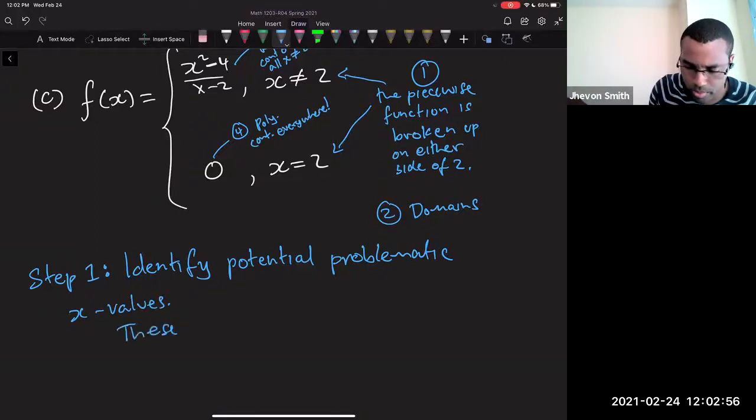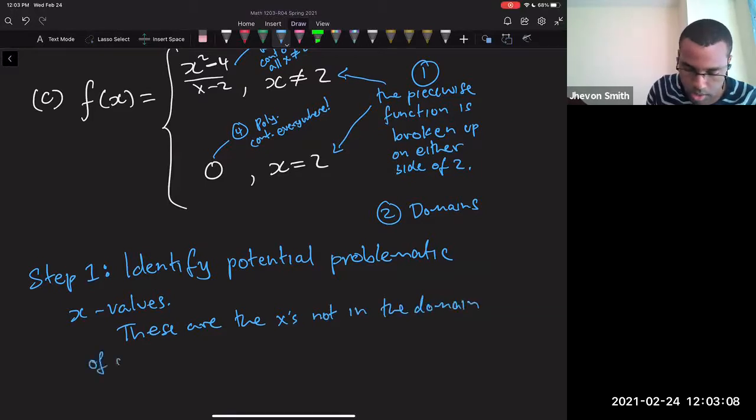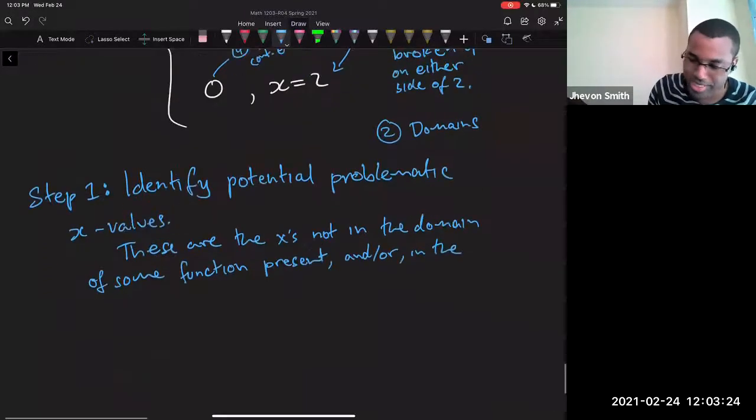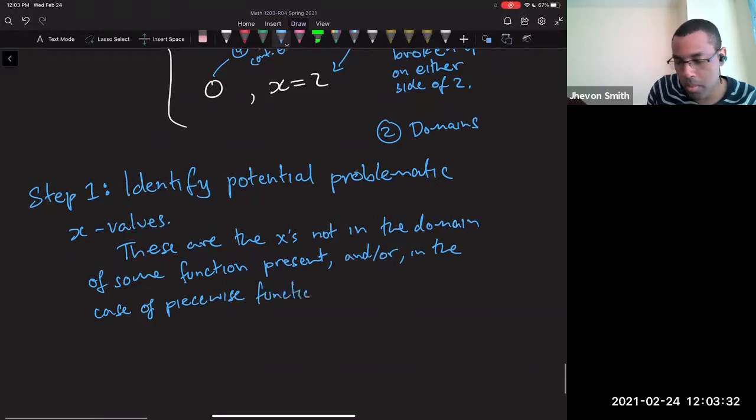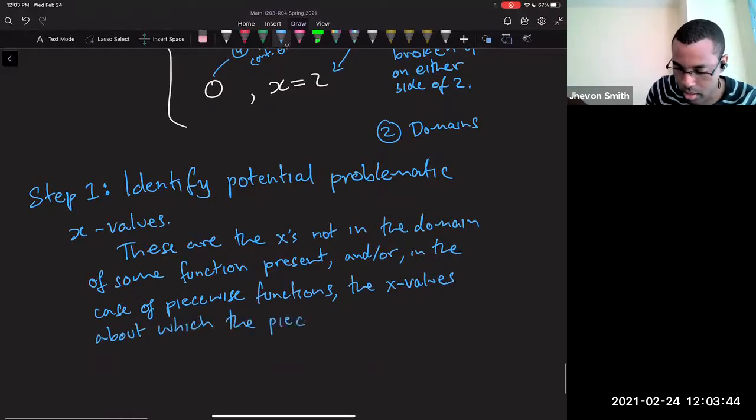So these are the x's not in the domain of some function present, and or, in the case of piecewise functions, the x values about which the pieces are stitched together. Right, so that's going to be my step one.